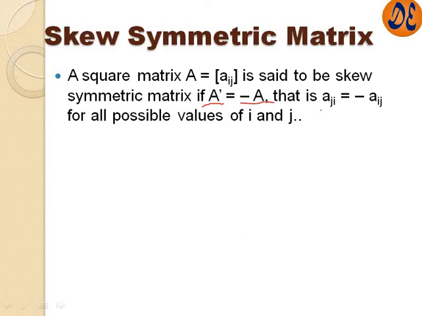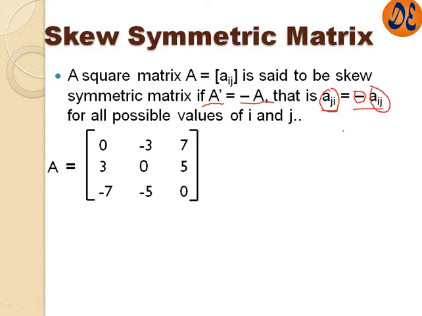In other words, the element aji is equal to negative aij for all possible values of i and j. That means the numerical value will be the same, but the sign of the corresponding element will change.